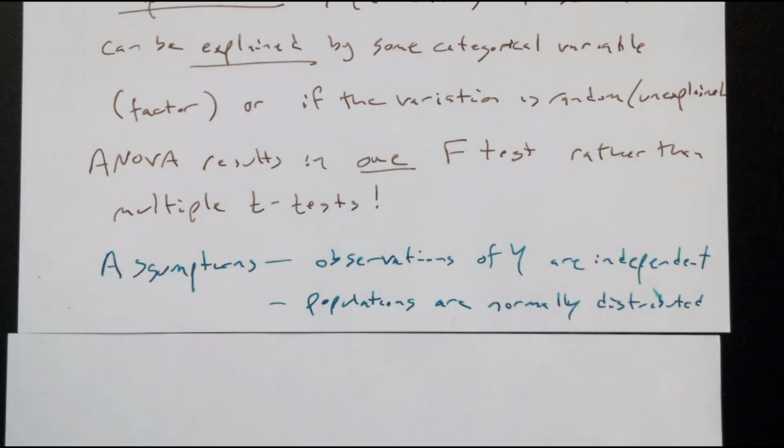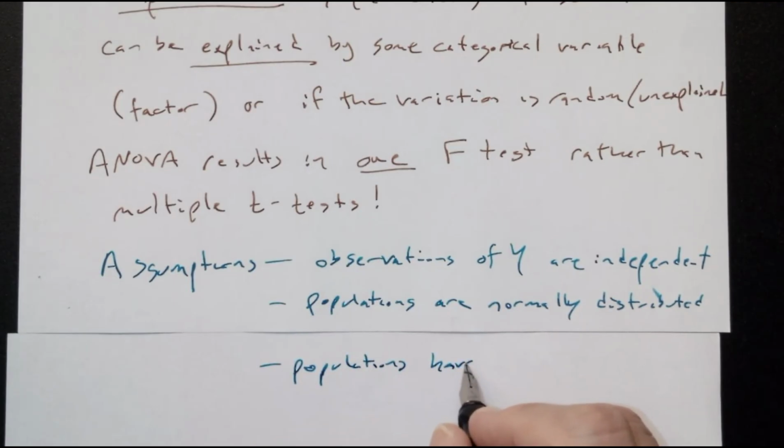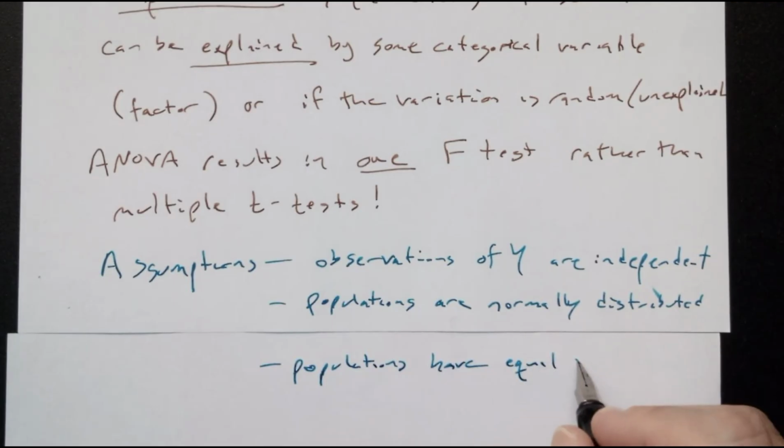Remember, that changes my degrees of freedom in the t-tests. We'll be able to test to see whether or not we have equal variances. We'll be able to do some observations.